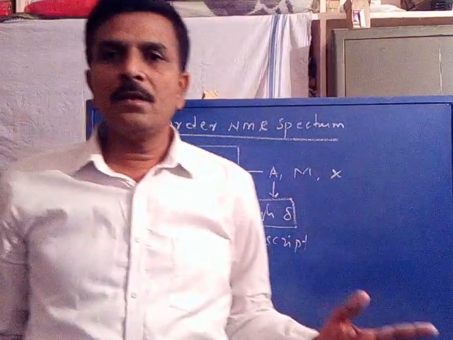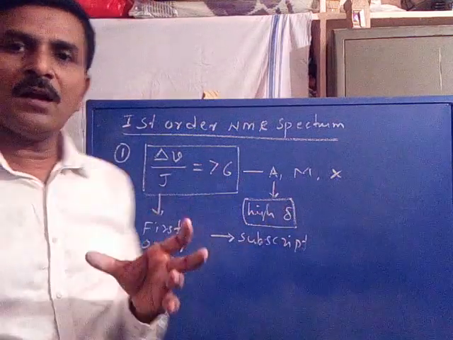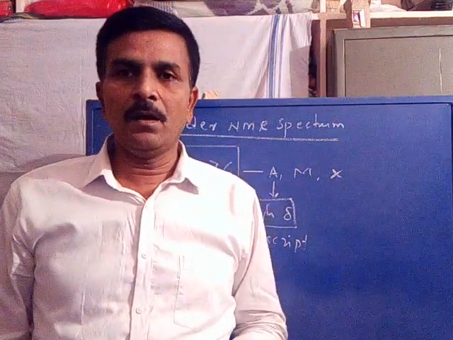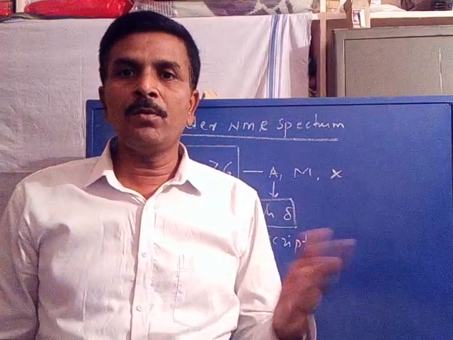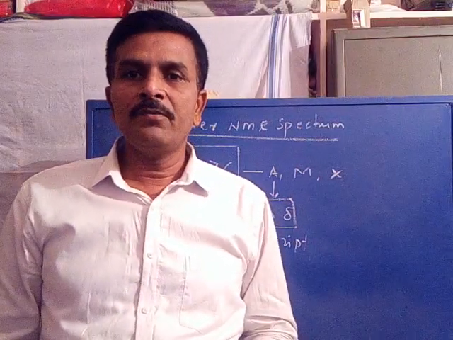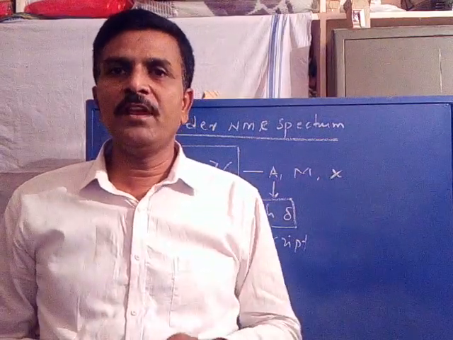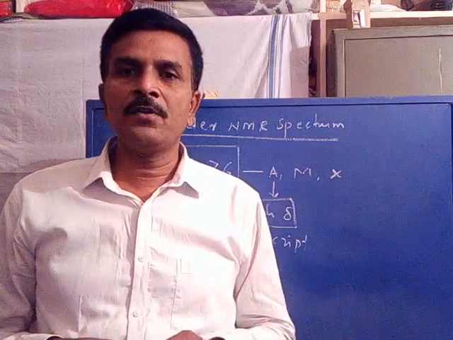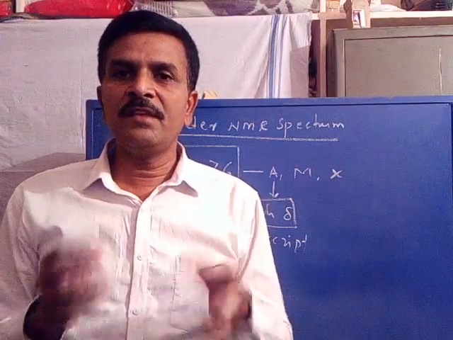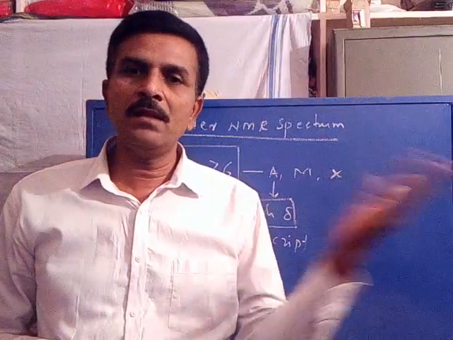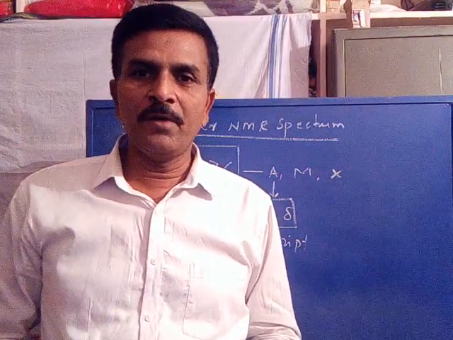Any molecule which obeys this rule comes under first order NMR, or those molecules appear with a first order NMR spectrum. Is it clear? It is a very simple phenomenon. What is first order NMR spectrum? The frequency difference divided by J, if it is greater than 6, then the spectra of those molecules are called first order NMR spectrum.